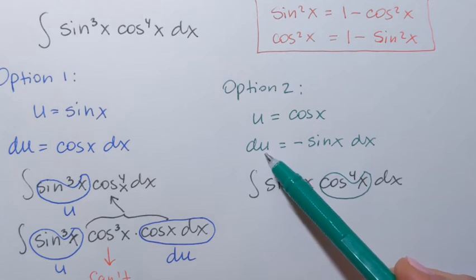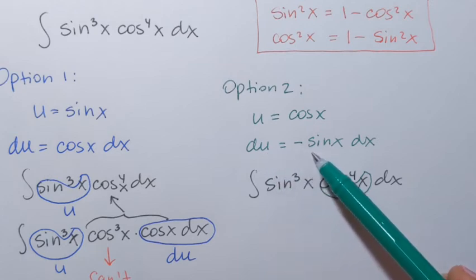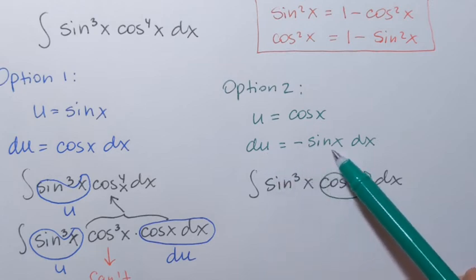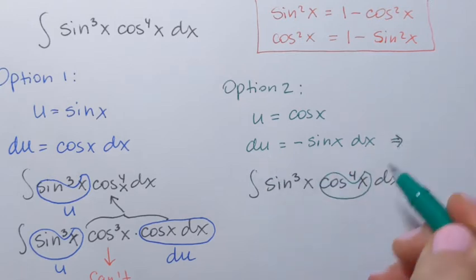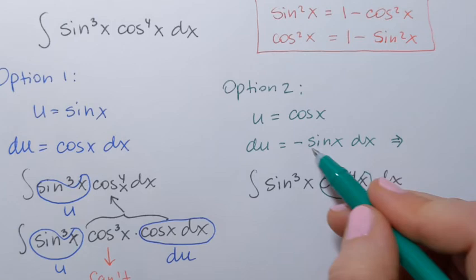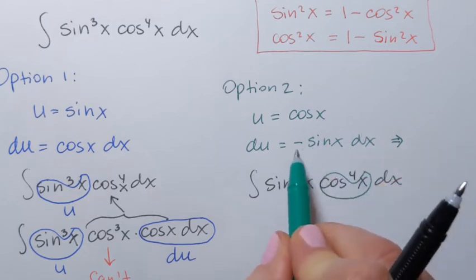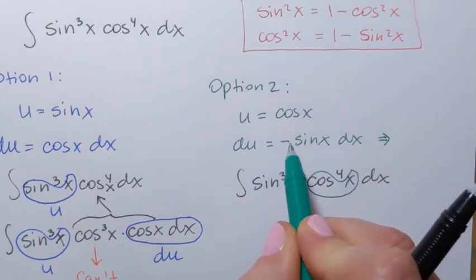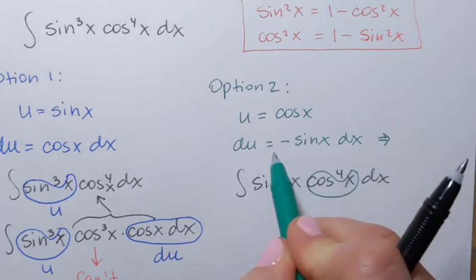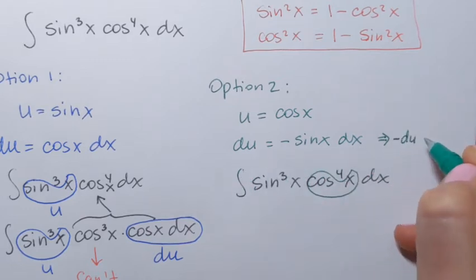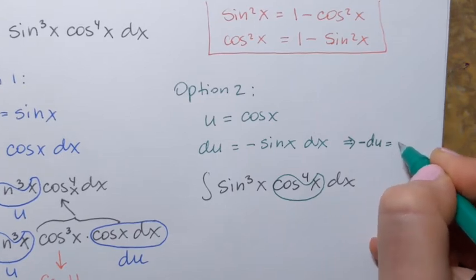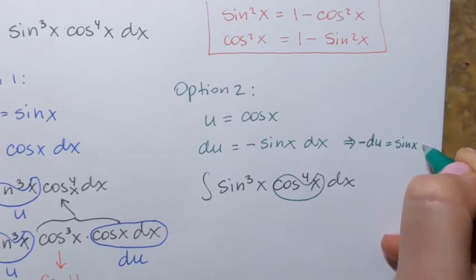And then if I can find negative sine x dx, that's going to be du. But in this case, I don't have any negatives here, so I don't want a negative on this side. I'm going to rewrite this little equation and divide both sides by -1. So then I'll obtain negative du equals sine x dx.